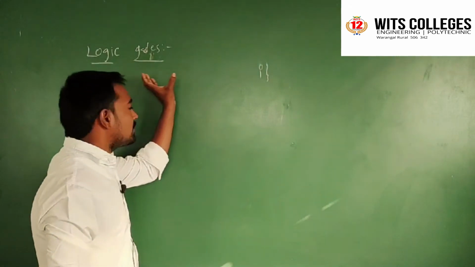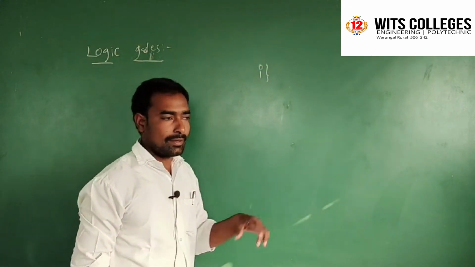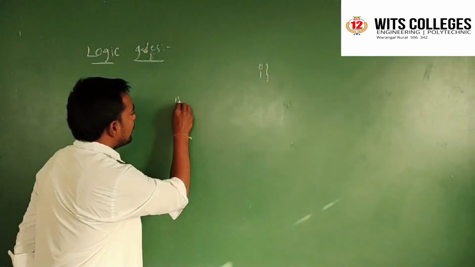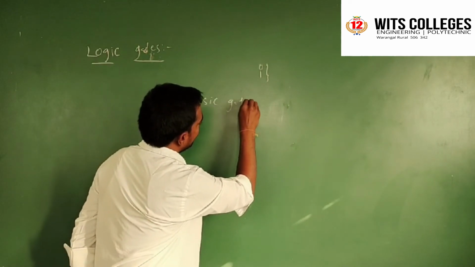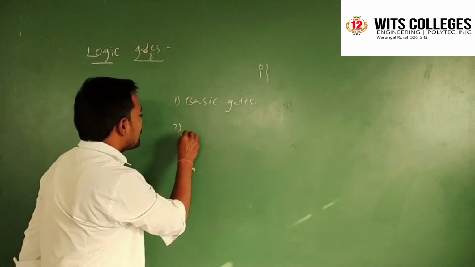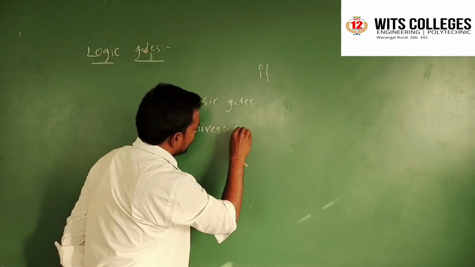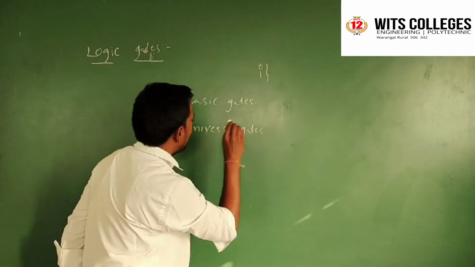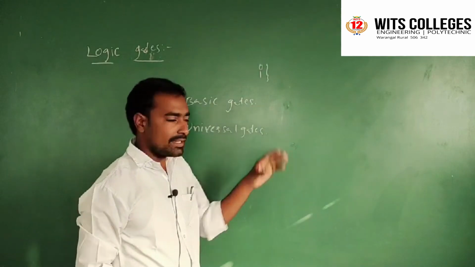Logic gates are classified into two types. One is basic gates and the second one is universal gates. Coming to the basic gates, there are three basic gates.